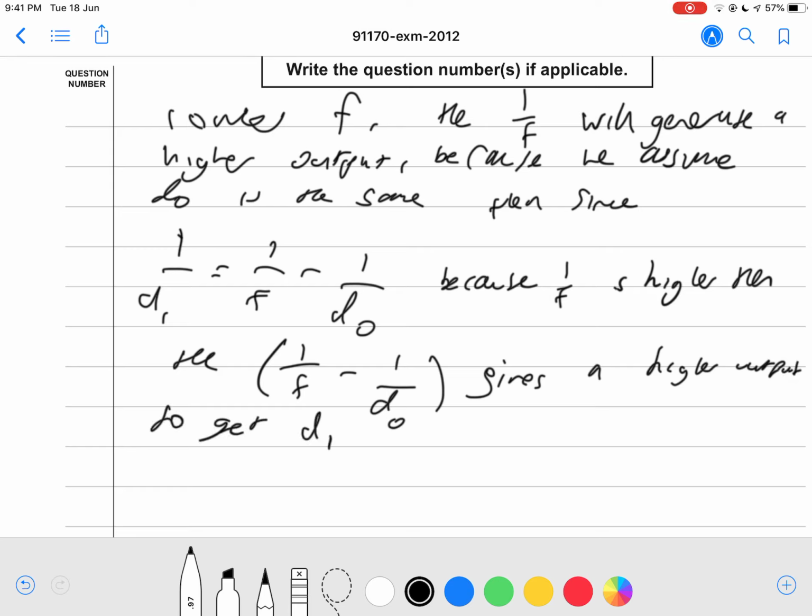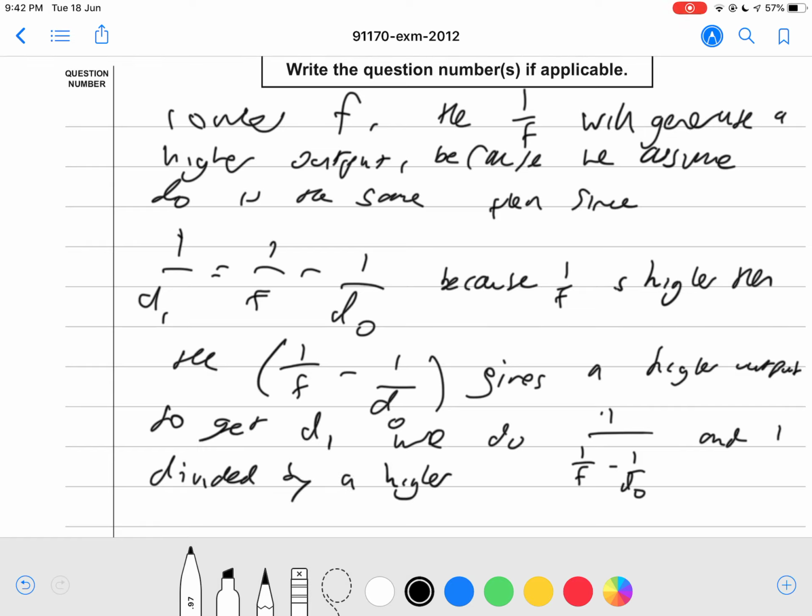To get di, we do 1 divided by 1 over f minus 1 over do, and 1 divided by a higher number gives us a smaller di.